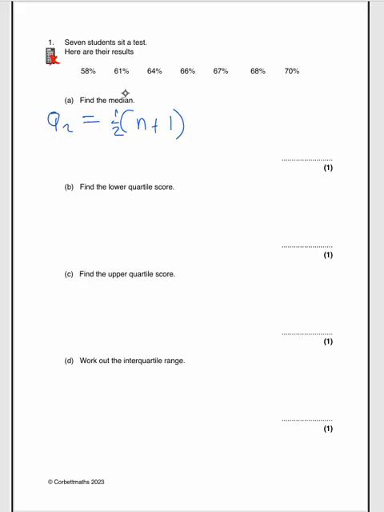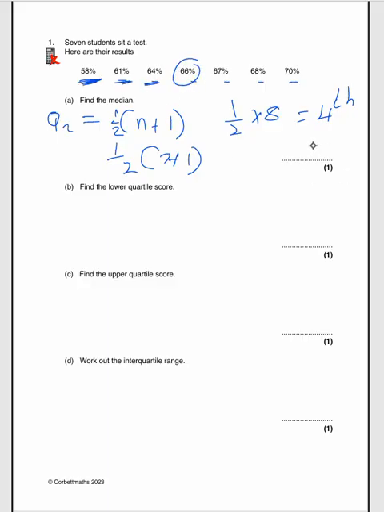We have 1, 2, 3, 4, 5, 6, and 7, so it is 1/2 times 7 plus 1, which is 1/2 multiplied by 8, giving us 4. So our median, or Q2, is in the 4th position. Counting first, second, third, and 4th, our median is 66. That is the median score.